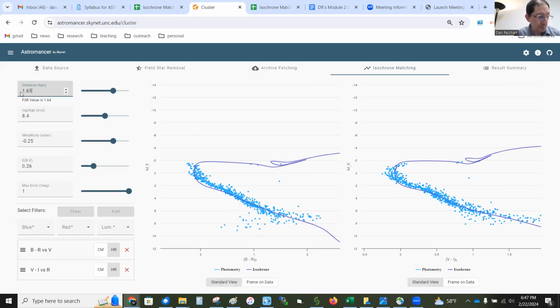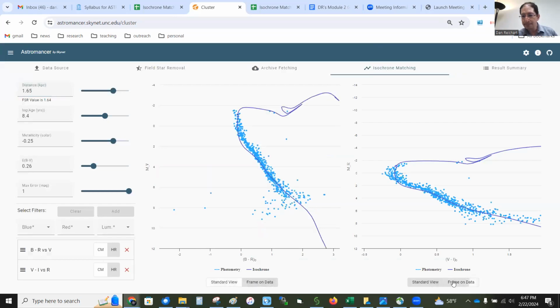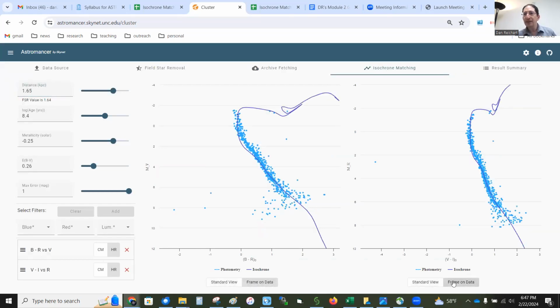Another thing you can do is, right now we're in standard view, which is great for seeing how the isochrone moves as you change age and metallicity. But you can do frame on data. Now, you do have some data points, particularly down here at the bottom. These are the stars that were just barely detected. They have huge error bars, particularly in the horizontal direction.